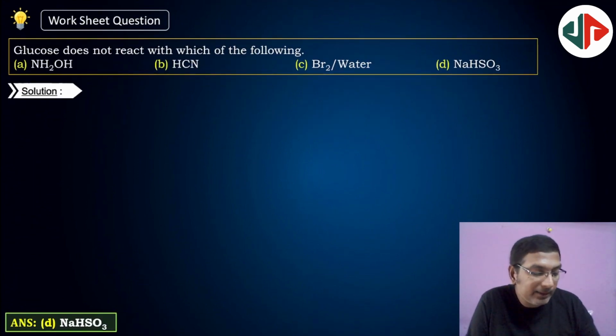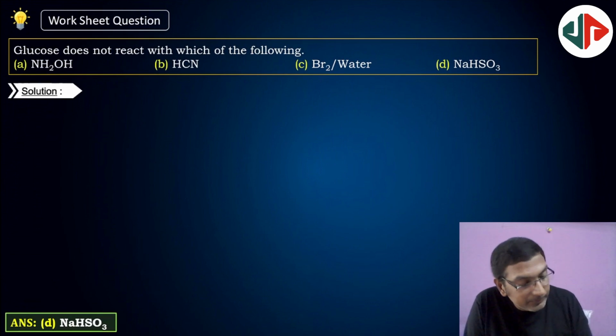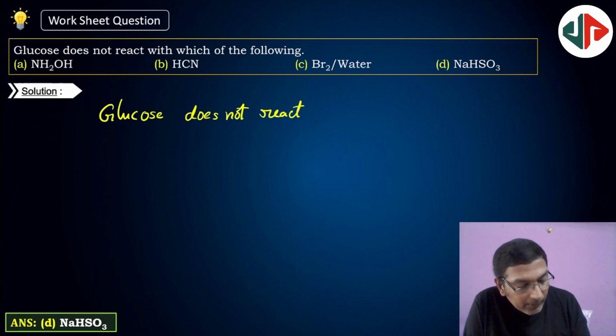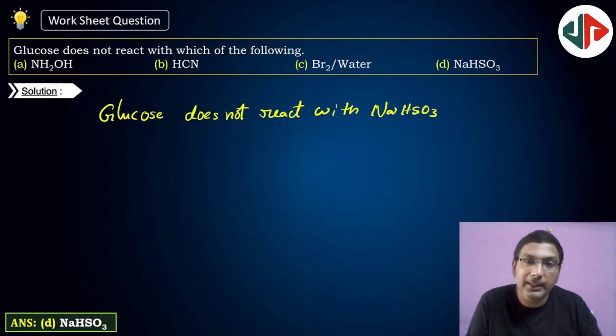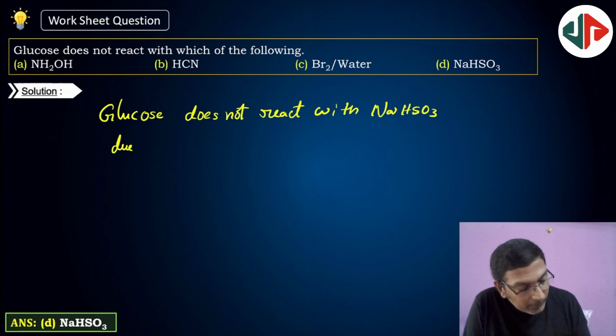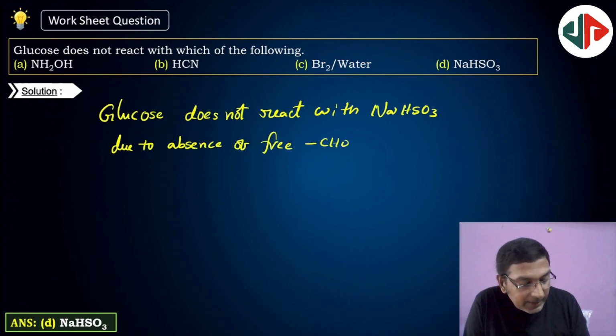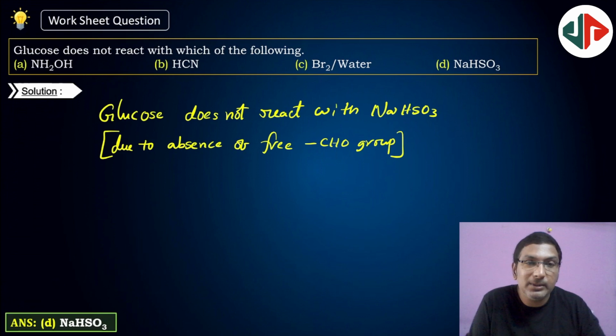Next, glucose does not react with which of the following? So glucose does not react with NaHSO3 due to absence of free CHO group, aldehyde group. Remaining reagents can react with glucose.